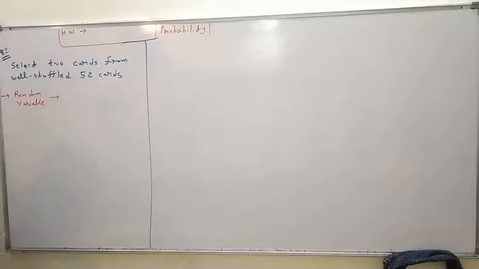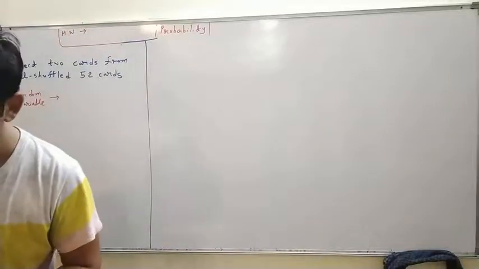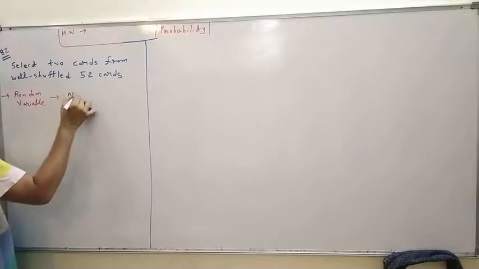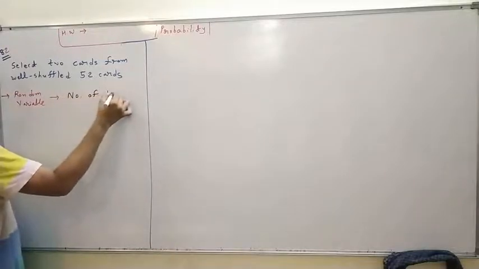Find the mean, variance and standard deviation of the number of kings. The random variable is the number of kings.